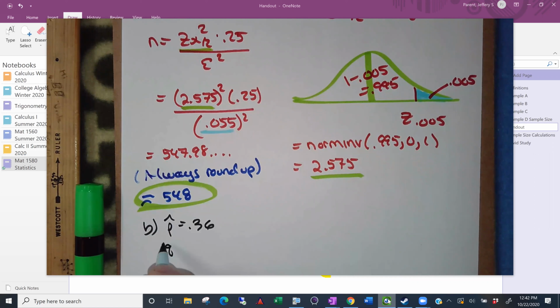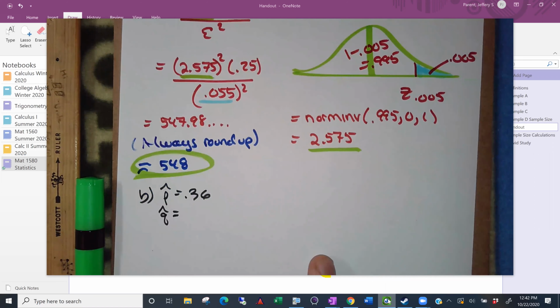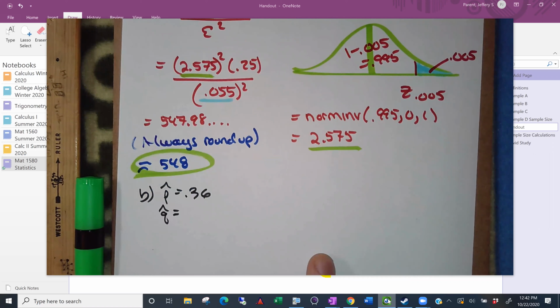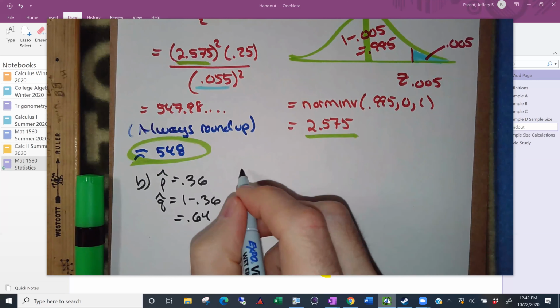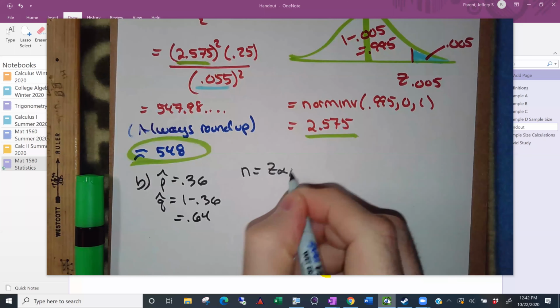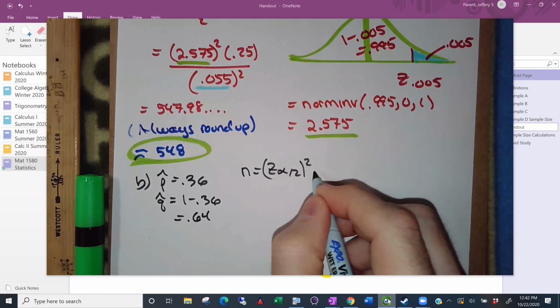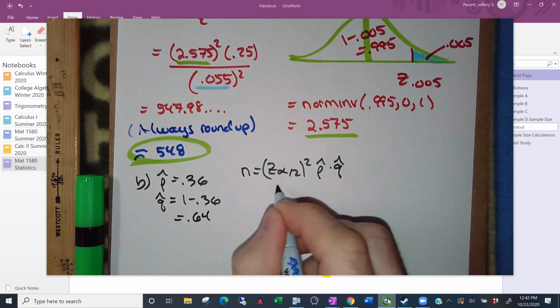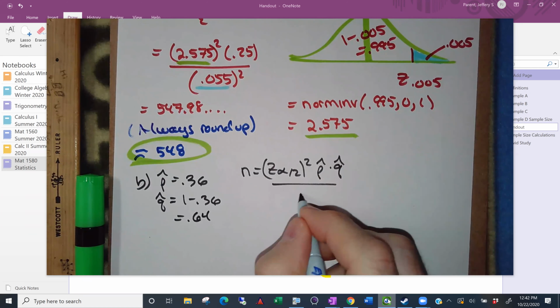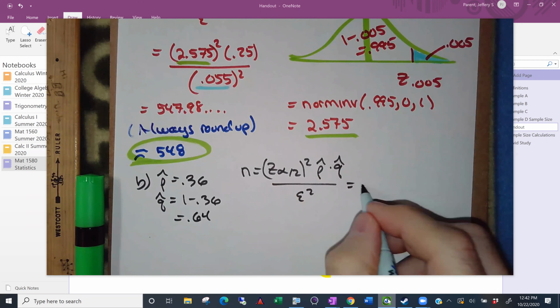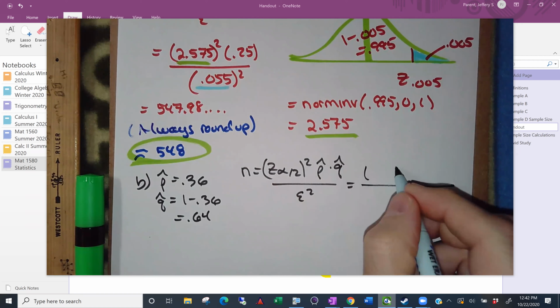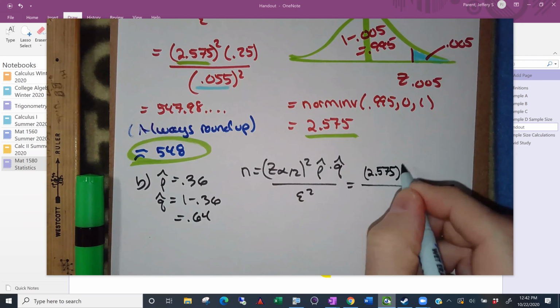By the way, can anyone tell me what that makes Q hat equal to? 0.64. Thank you. Now the formula we're going to fill in this time is n equals z sub alpha over 2 squared times P hat times Q hat divided by E squared. Z sub alpha over 2 is still 2.575.